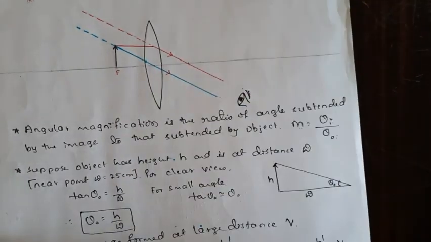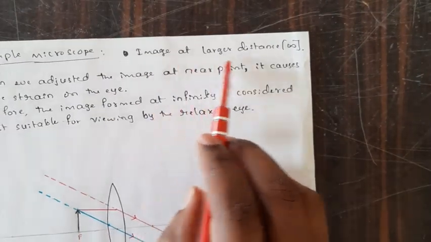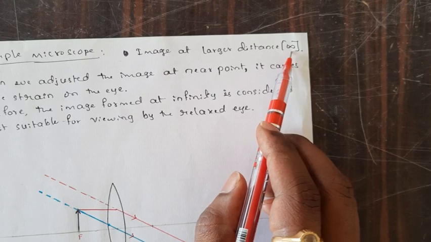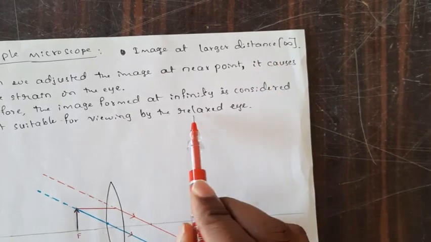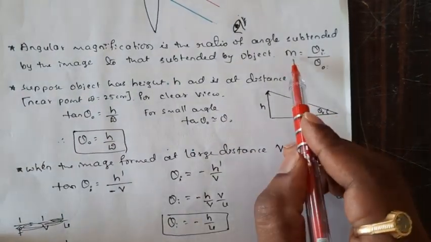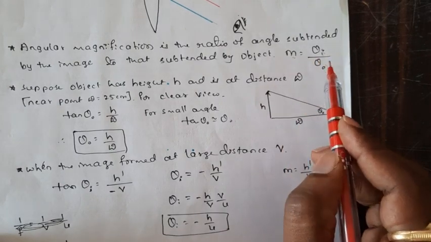Why am I saying relaxed eye position? Because the image is formed at a larger distance, about at infinity, so that we can see the image without stress, at the relaxed eye condition. Now, to get the value of the magnification, first we have to get theta I and theta naught.